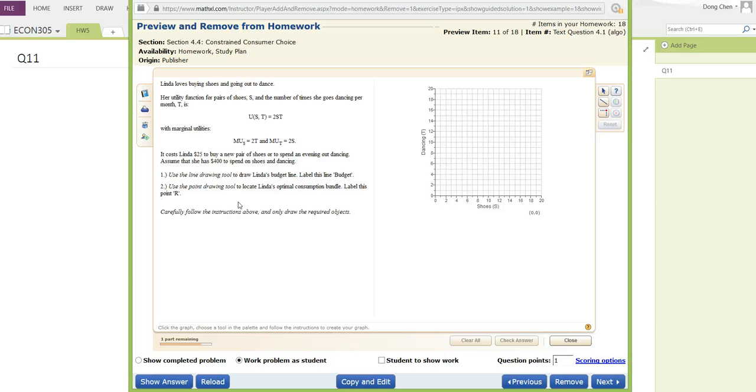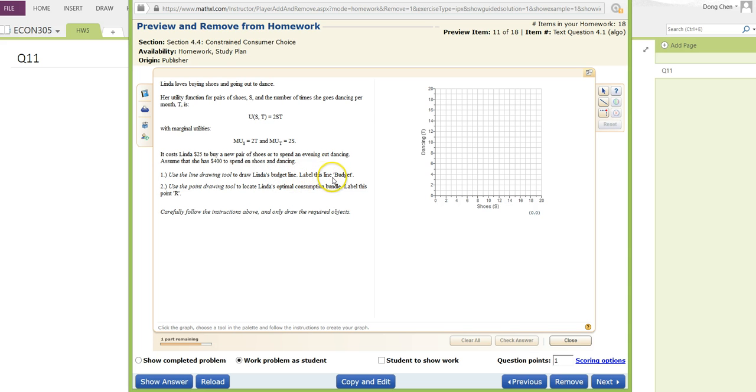And so this is a typical question of solving for the optimal consumption bundle of a consumer, given the budget constraint and prices of the goods, as well as the income and the utility function. For the first part, it should be relatively straightforward. Use the line drawing tool to draw Linda's budget line.